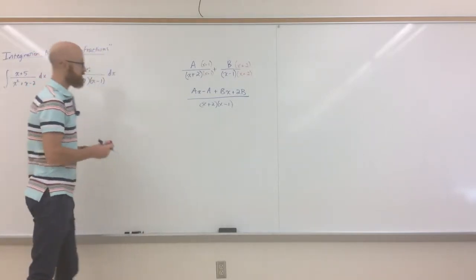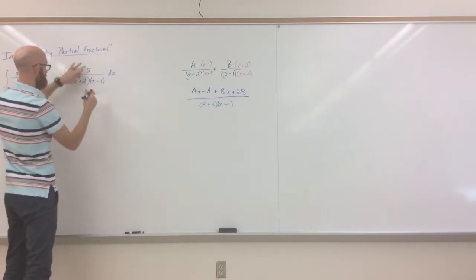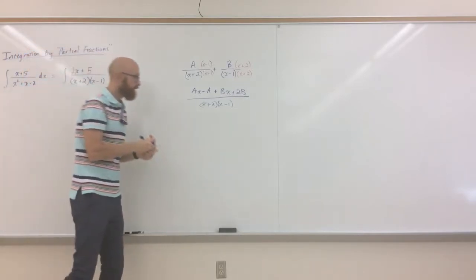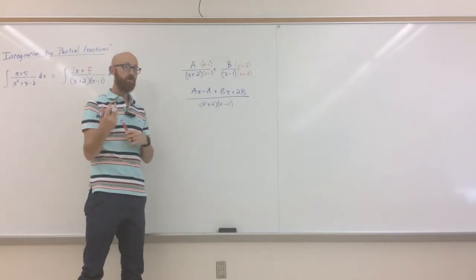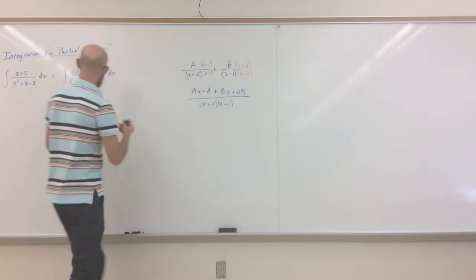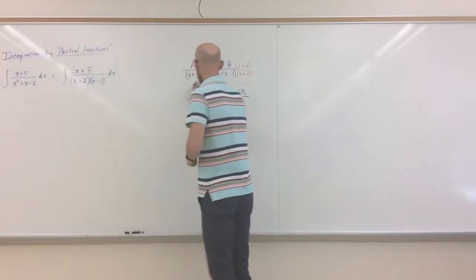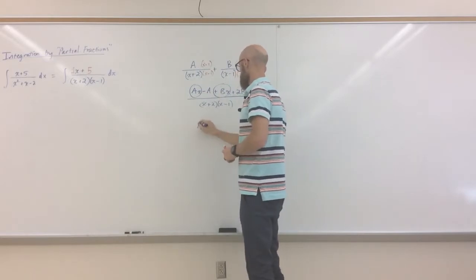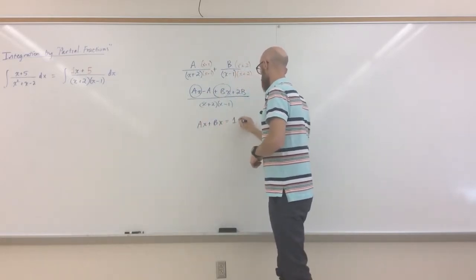When you see x plus 5, I don't want you to think about x. I want you to think 1x plus 5 constants. Anything that has an x in the numerator, we can add up and equate to one total x value. So we have ax plus bx, and that must equal 1x.